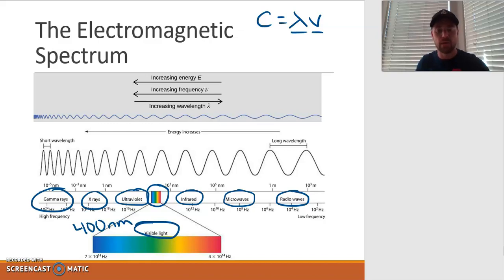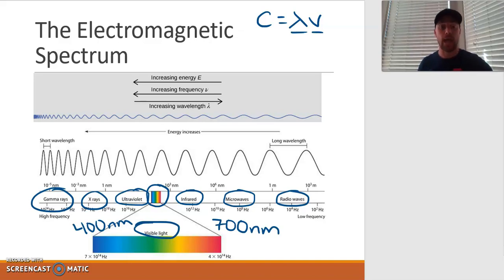And red over here is approximately 700 nanometers. That is the only range of light that we as humans can see. If the wavelength is any smaller than 400, it gets into the UV region and we can't see it. If it gets longer than 700, it gets into the infrared region, and we can't see that either.